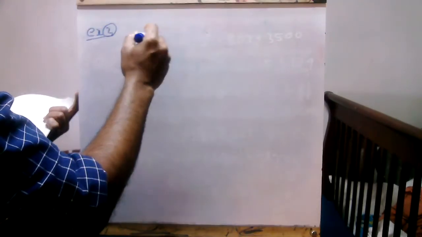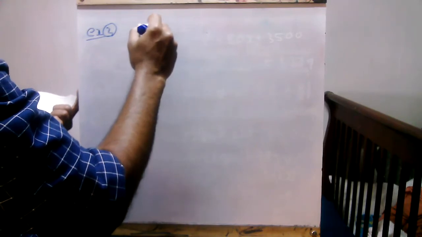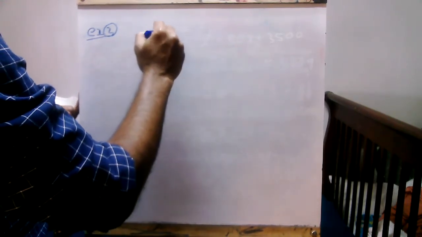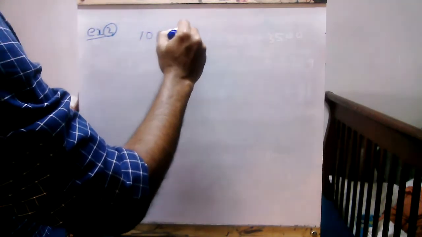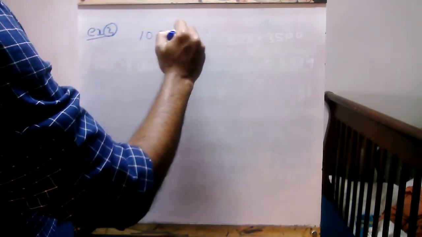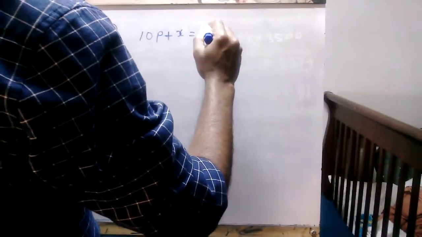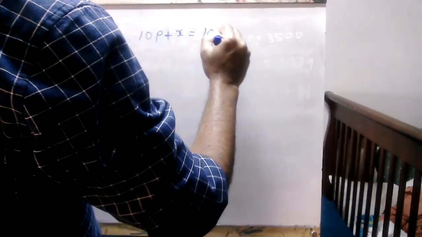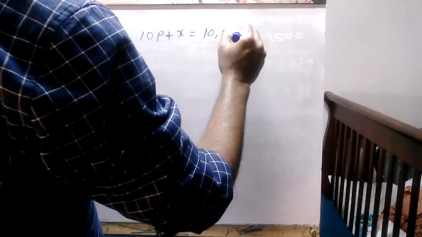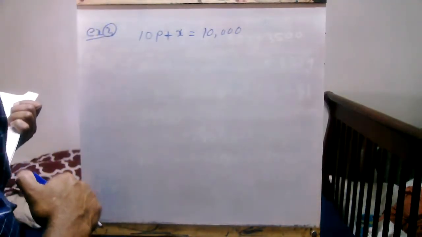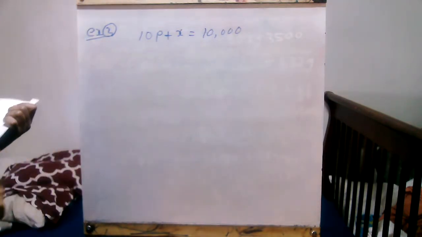I write the equation here, where P is the price per unit in dollars and x is the number of sets demanded.